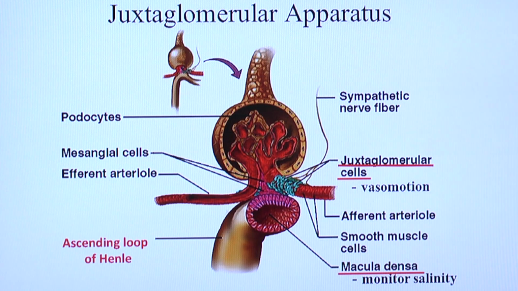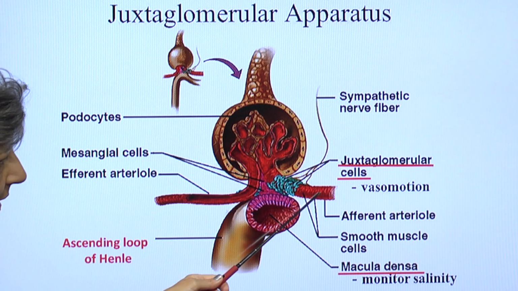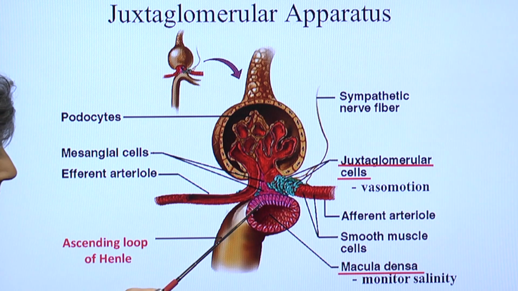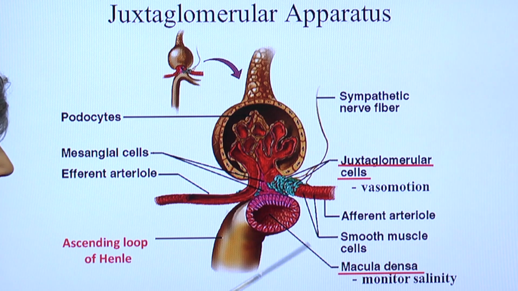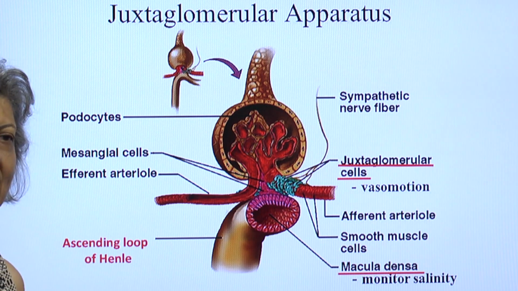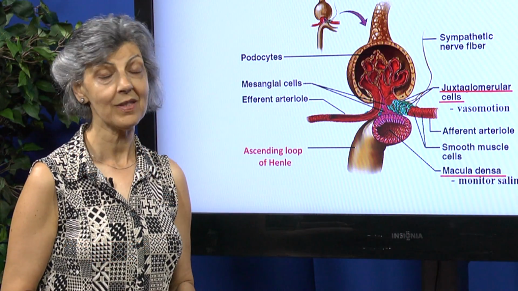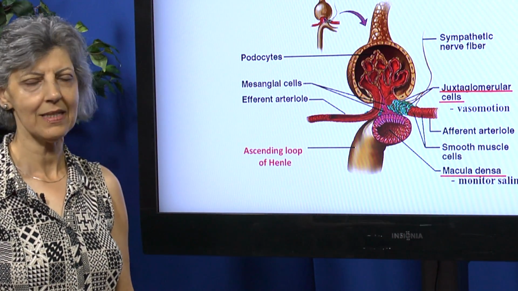What else makes up my juxtaglomerular apparatus? We are looking here at the ascending limb of the loop of Henle. When I look at the ascending limb of the loop of Henle, as it comes very close to the afferent arteriole, there are very specialized cells that are called the macula densa cells. What is the function of the macula densa cells?